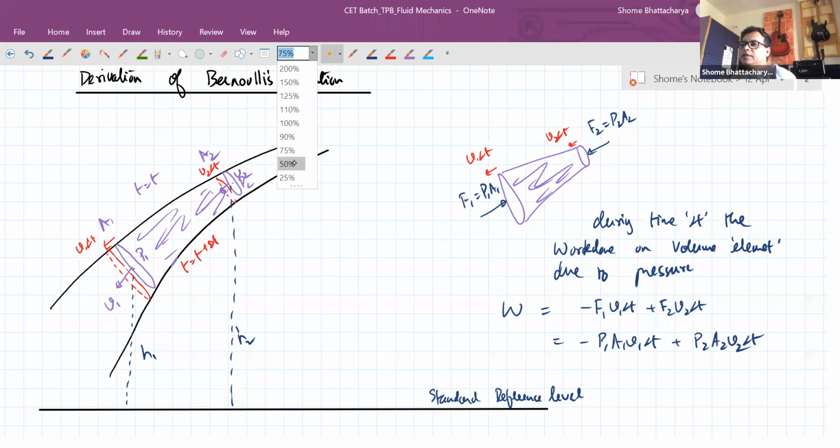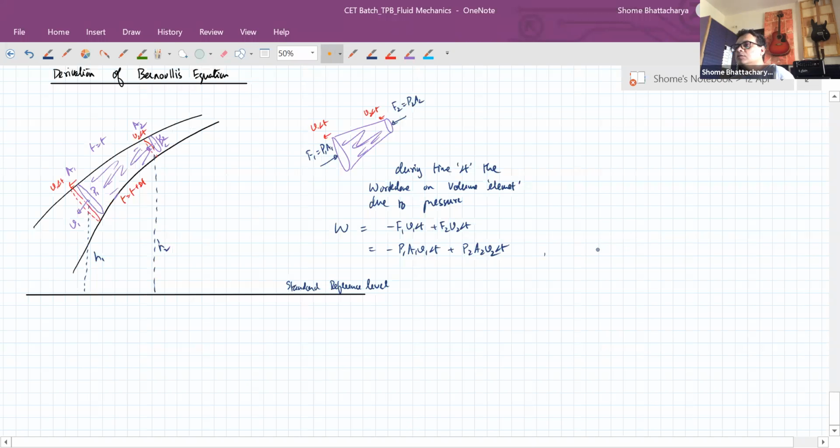So in the next step, we will see that if we apply continuity equation, so from equation of continuity, we can see that A1 V1 is equal to A2 V2 is equal to volume flow rate.